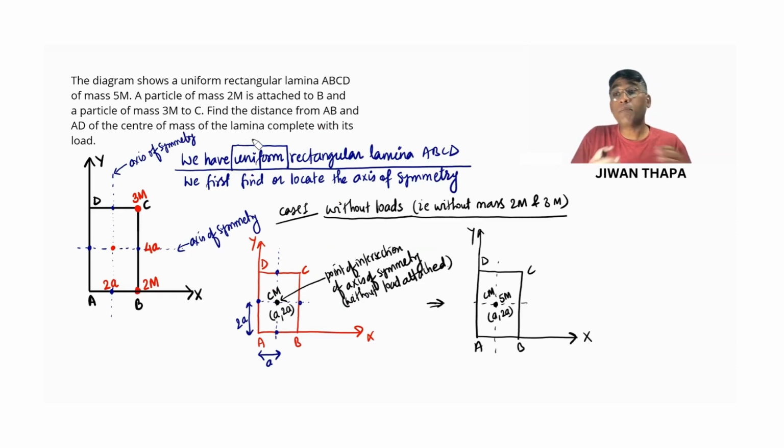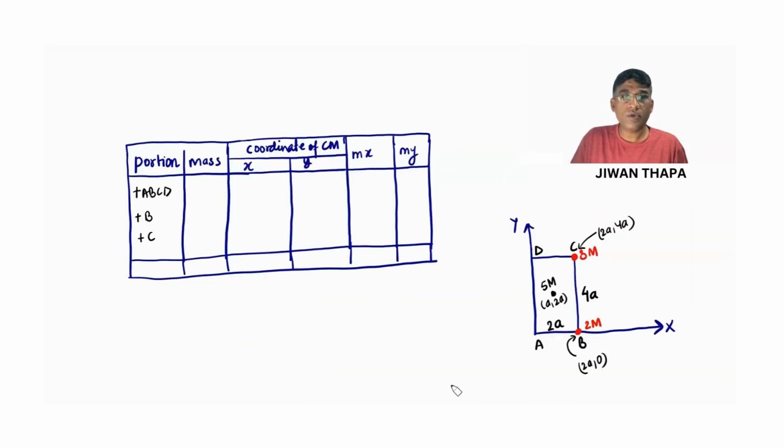So we get complete lamina, which is loaded. So what do we get? We get loaded lamina. So we have this, and mass of ABCD without load is 5m, and mass attached at B is twice m, and mass attached at C is thrice m, and the total mass is 10m.